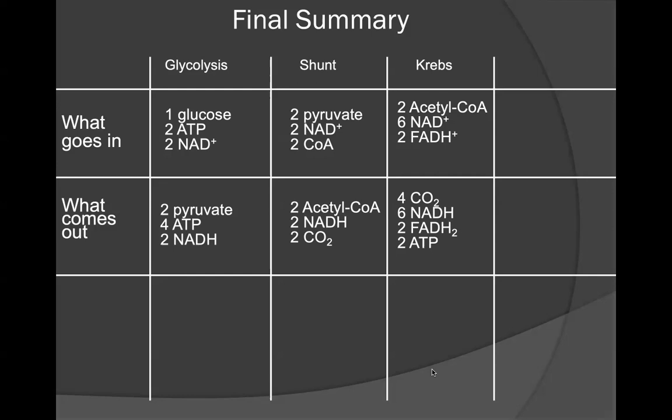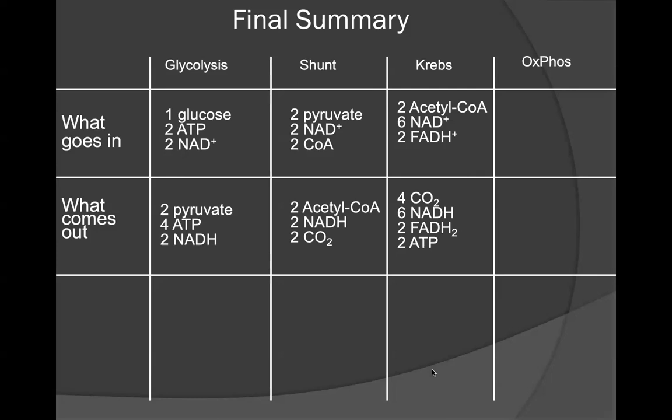And once again, we have 2 acetyl-CoAs coming in, so there's going to be 2 turns of that cycle. So we're going to produce 4 carbon dioxides overall, 6 NADH, 2 FADH2, and also a little bit of ATP indirectly. Remember, when that 4 carbon molecule first isomerizes, we are making GTP, which then will make ATP.